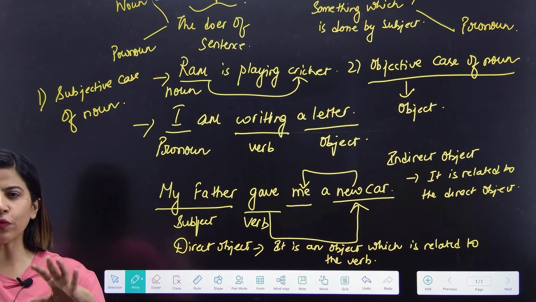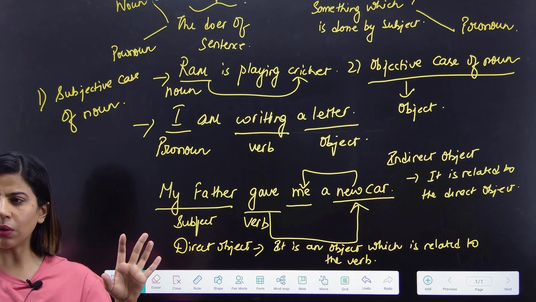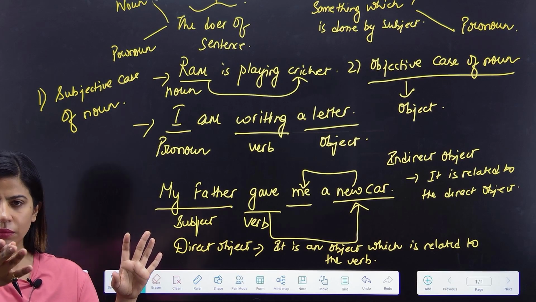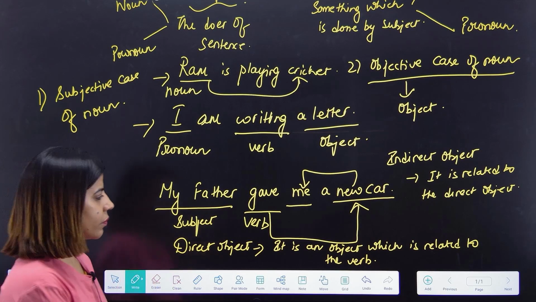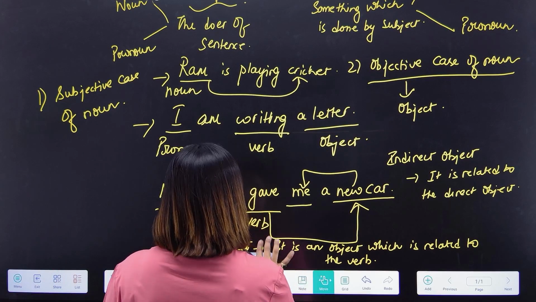Is there any confusion for the four things that have been taught till now? Anyone? Clear? Shall I move it a little?